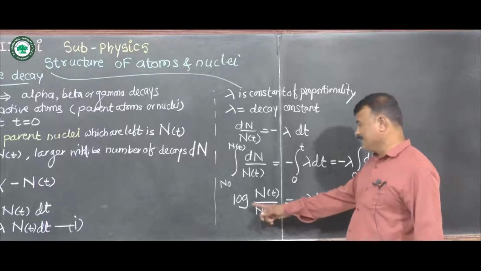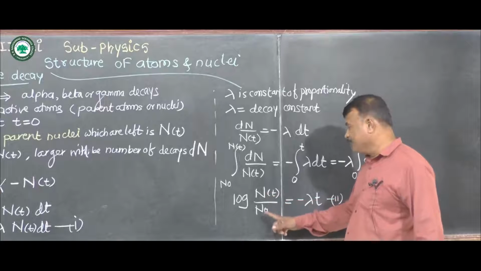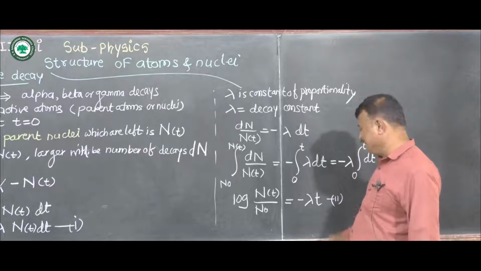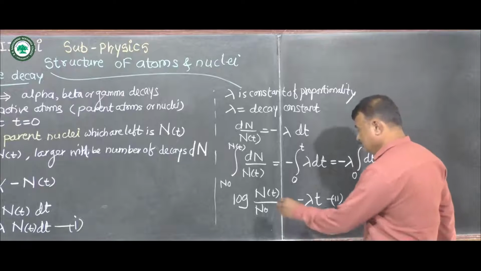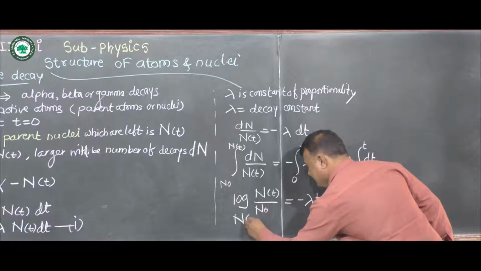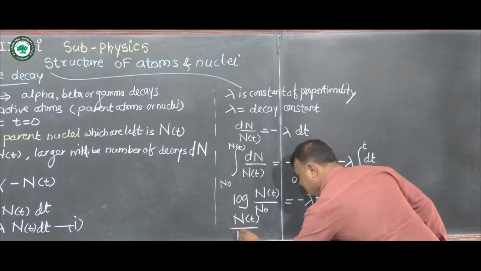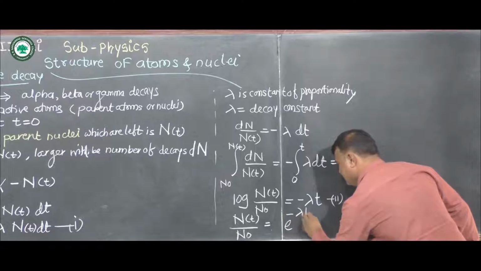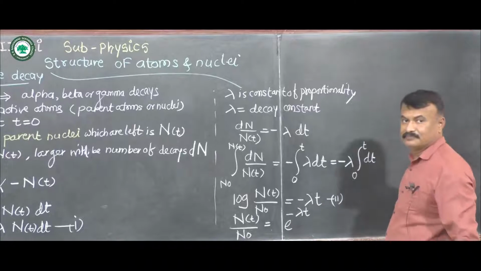So in this way we get a new equation, log Nt upon N0 is equal to minus lambda t. In the form of exponential, we write this as Nt upon N0 is equal to e raised to minus lambda t.